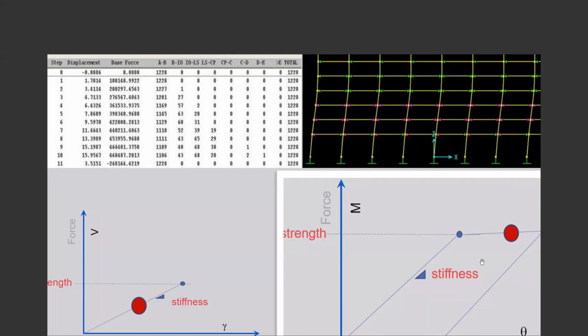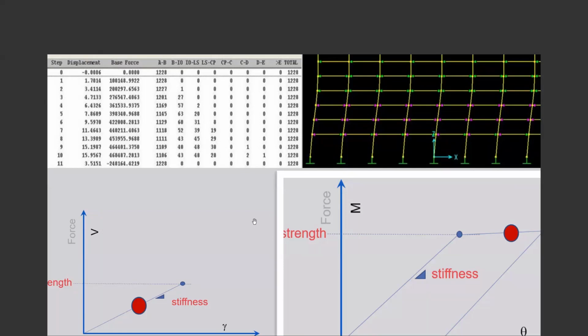We will see later. So some of them are here. Some pass IO. This many, for example, at this stage are between IO to LS. And at this stage, for example, 29 of these deformation control parameters are between life safety to collapse prevention. So very nice information is provided.